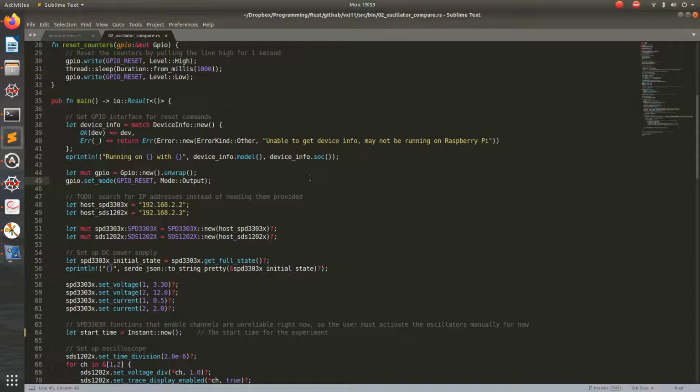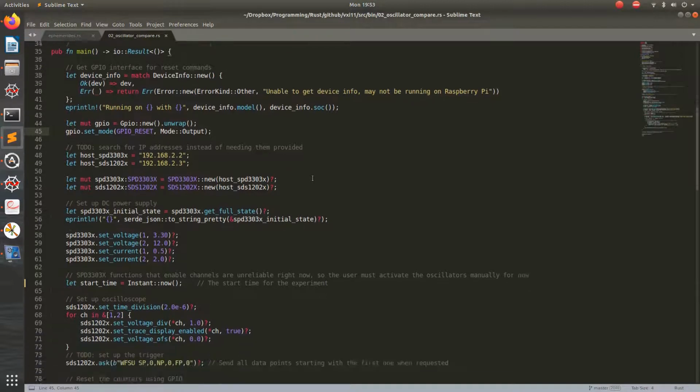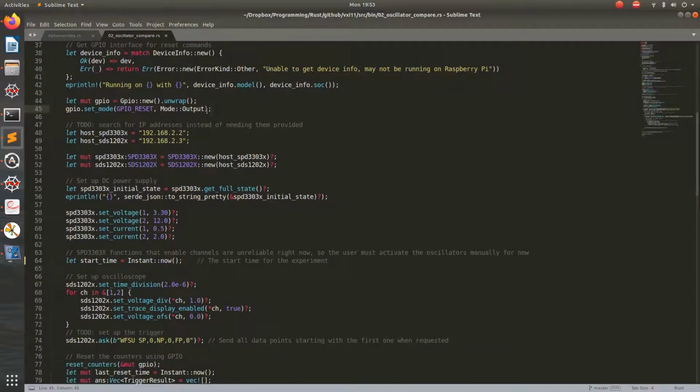And there's a cost to that. The cost is that there's a really challenging type system that you have to learn, but if you put the time into learning it, it really pays you back for it. But anyway, that's where we get the interface to the GPIO pin that we use to reset the whole thing.